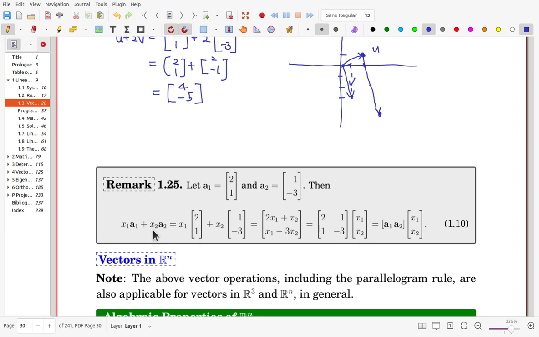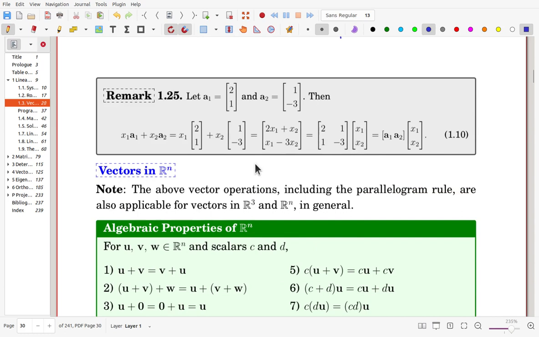We'll define that in the later part of the section. The main thing here is that this combination can be written as matrix-vector multiplication. We'll deal with this issue later on in detail.